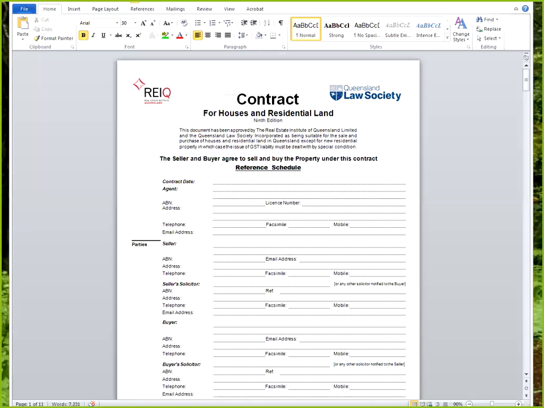So if, for example, your client signed an agency agreement giving a particular agent a sole or exclusive agency for a period of, let's say, 2 months, and this contract is presented during that period of 2 months with a different agent, then unless you're careful, your client, that is the seller client, may be exposed to double commission.